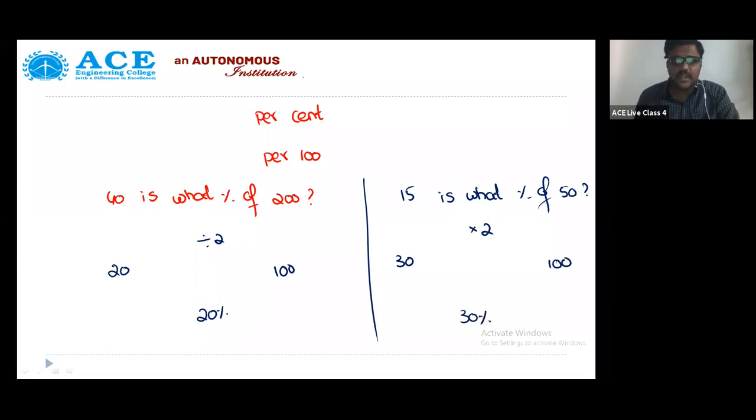So percentage is all about, out of 100, what is your value. It's not 25, I hope you got 30. It's not 75, Santosh. Okay, 15 is what percent of 50. This is all for small values. If you want to handle big values, just try to understand: out of 100, what is your value, that is the percentage. That's it.